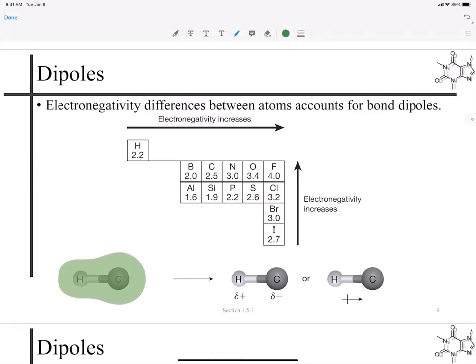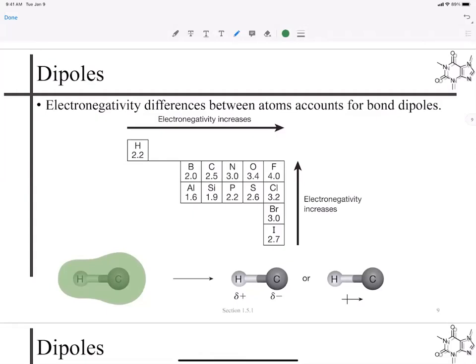These are typical organic elements, and we've included here, from the periodic table, Pauling's electronegativity values for them. And basically, the greater the difference between these two atoms, the bigger the electronegativity difference, and therefore the stronger the bond dipole.